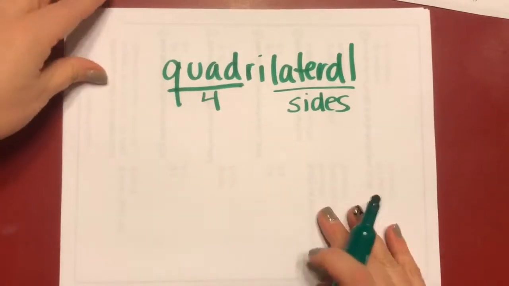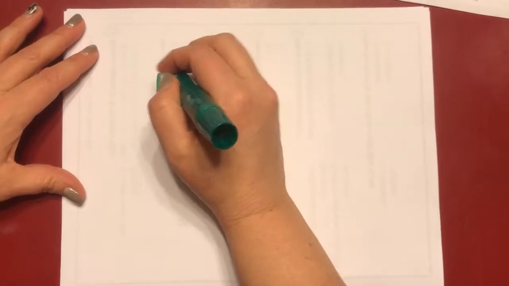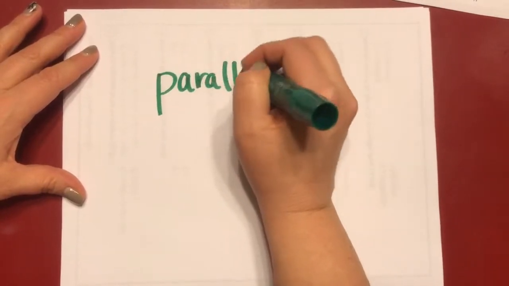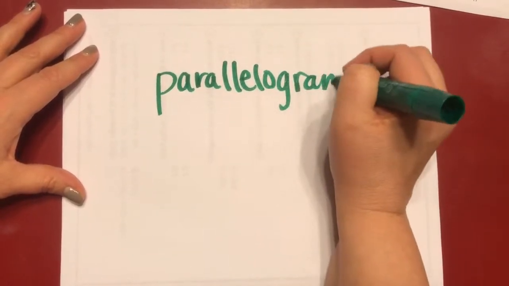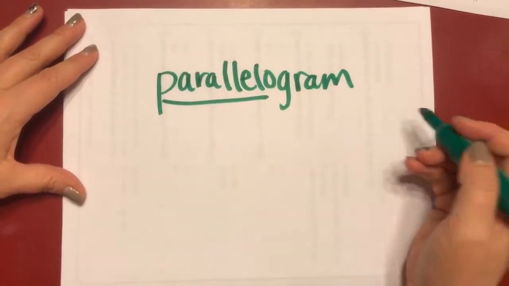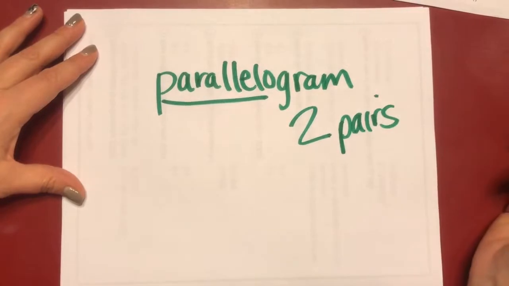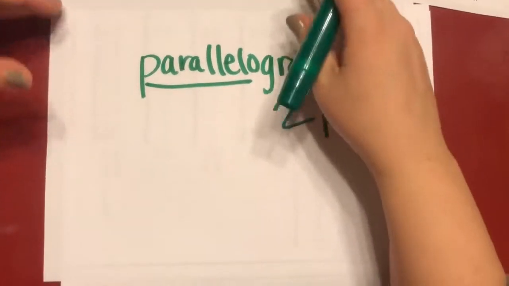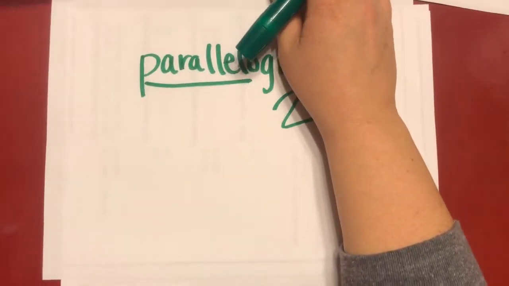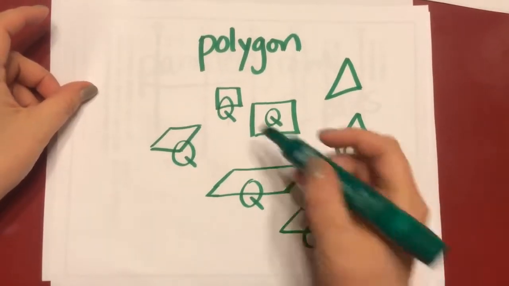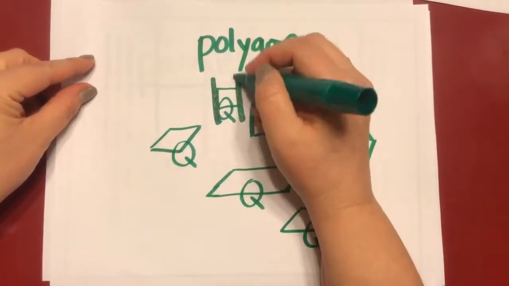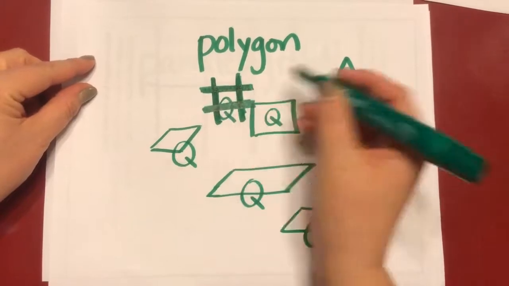Now, whenever we get more specific, we might look at a parallelogram. And a parallelogram has the word parallel, and it means it has 2 pairs of parallel sides. So again, if we go back to these initial shapes, a square has 2 pairs of parallel sides.